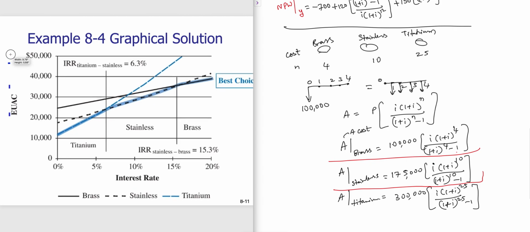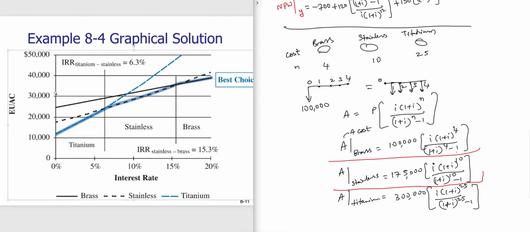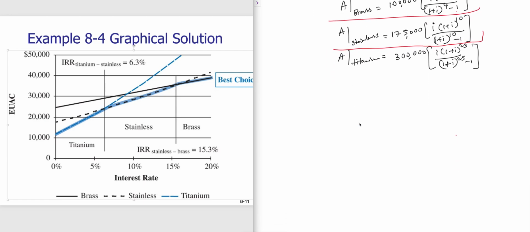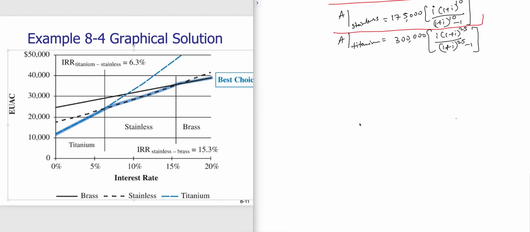When it comes to cost, you want the cost to be higher or lower? We want the costs to be lower, but net present worth to be higher, or benefits to be higher, or costs to be lower, right? So when we plot this for a range of i's, we get a plot that is shown.